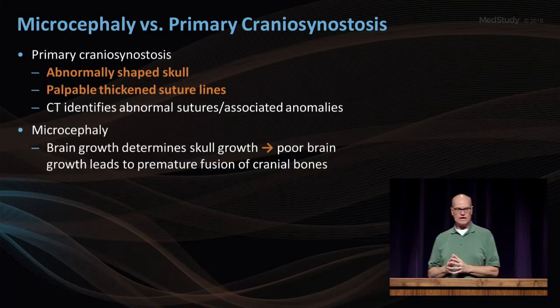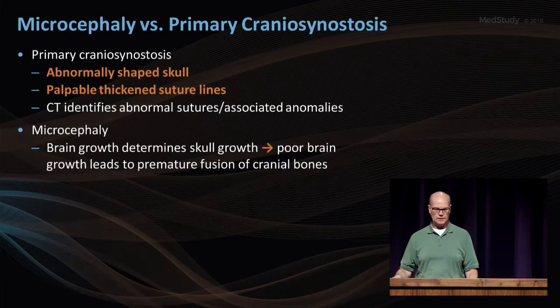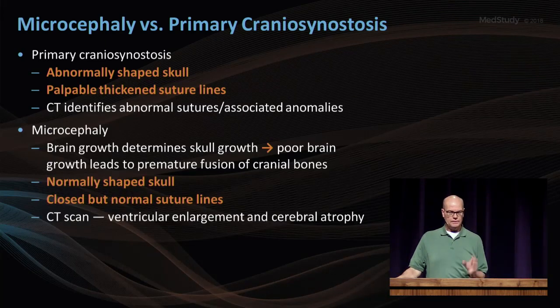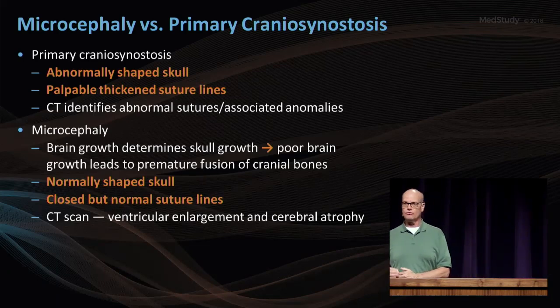Whereas microcephaly, because it's due to underlying poor brain growth, that underlying poor brain growth leads to premature fusion of the cranial bones, but the skull is shaped normally, and again, the suture lines, although they are closed, are not elevated. They are not ridge-like.